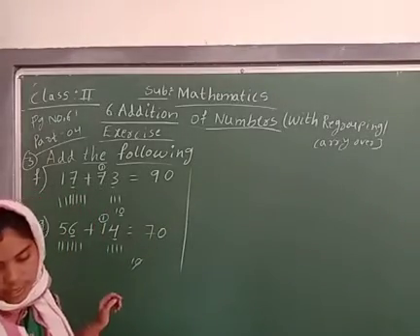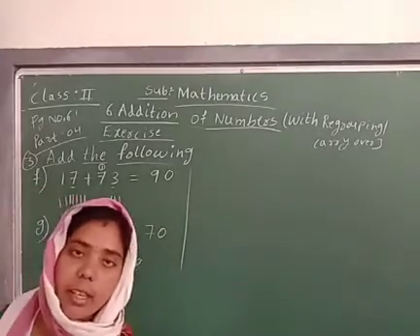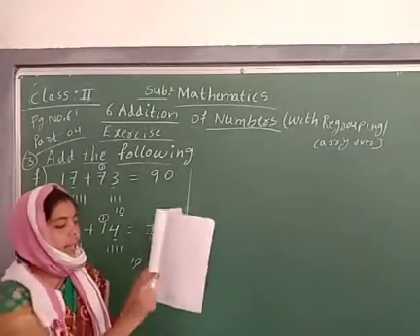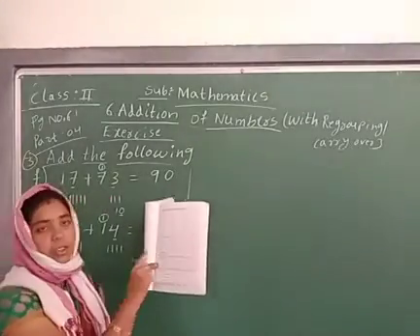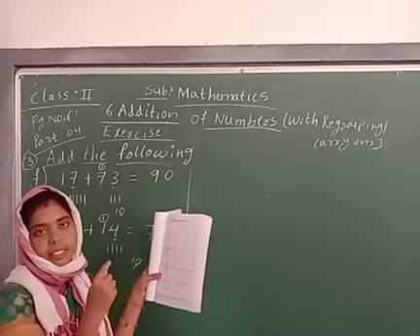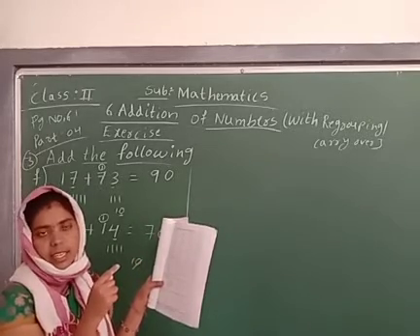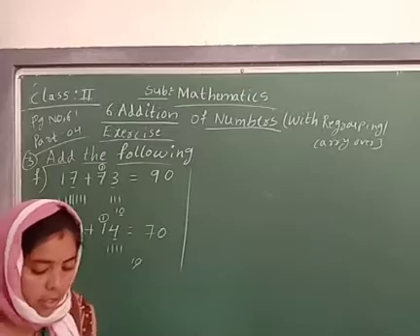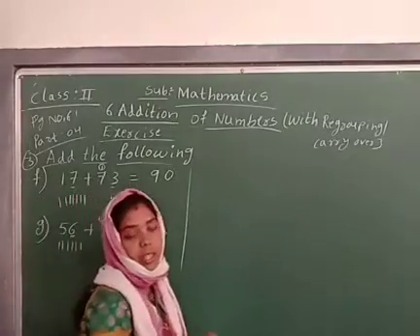Next one. Here there is a mistake: only up to question E, F, G is given. E, F, G, after which letter? H. So H question. You correct it, children.